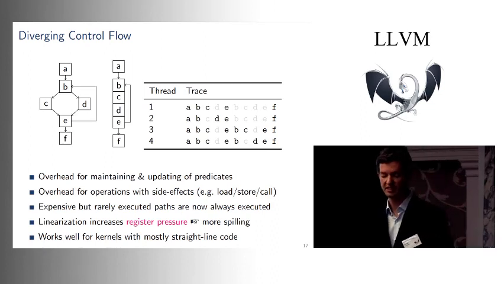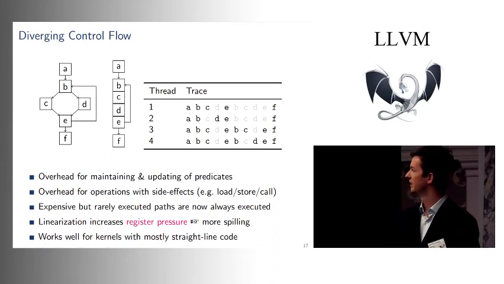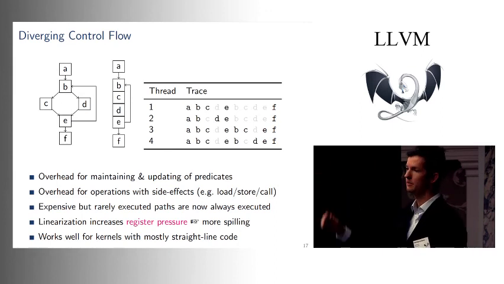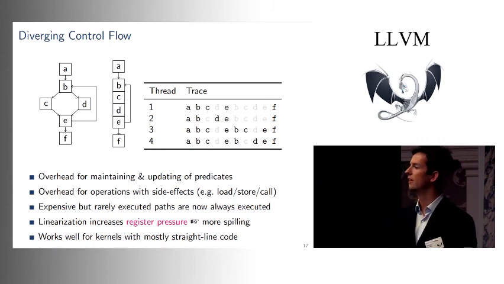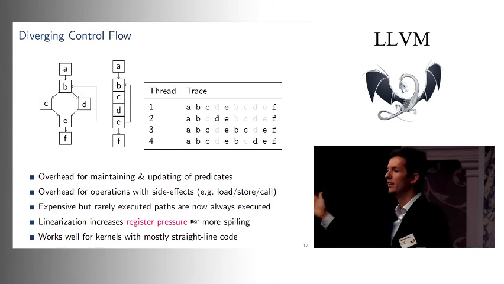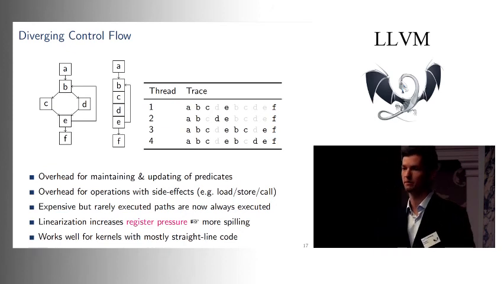It's not so interesting here. More important are the next 2 points. For example, block C might be a very large block with lots of very expensive computations, but it's only executed in 2% of the cases. The problem is, if we linearize that, it's always executed, which is obvious, and this can give us quite a bad drop in performance.